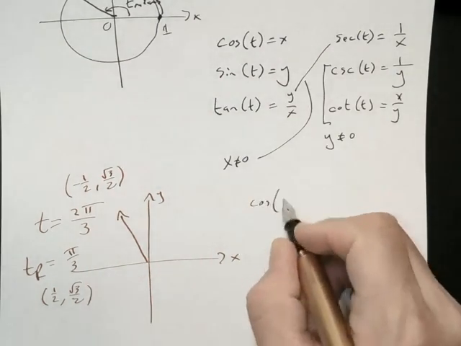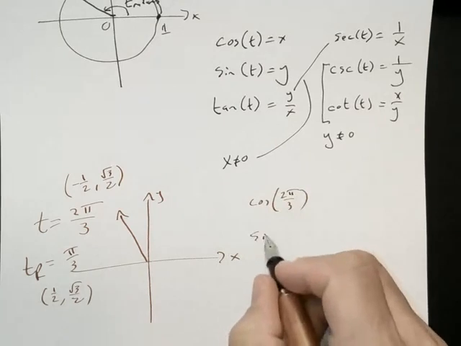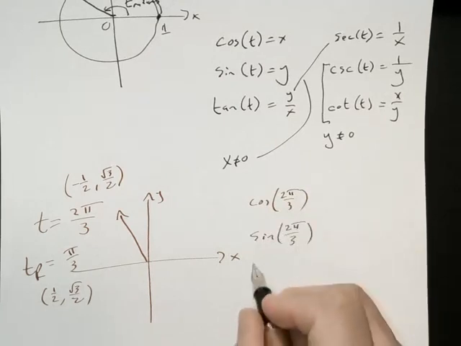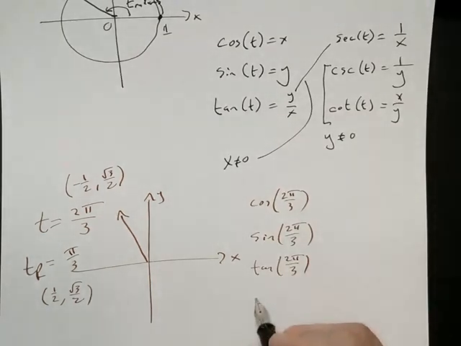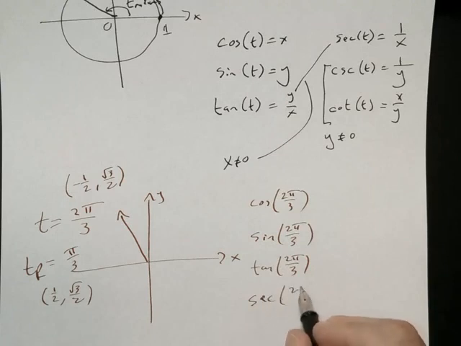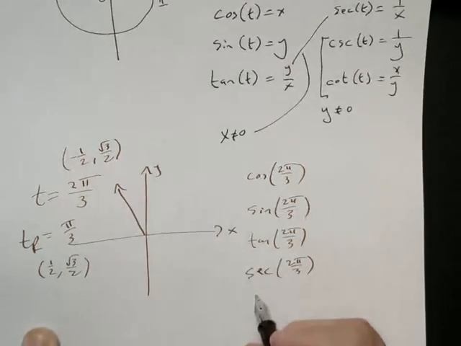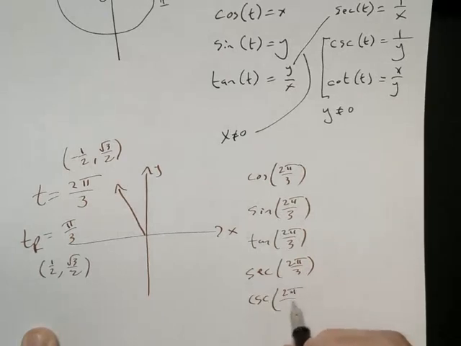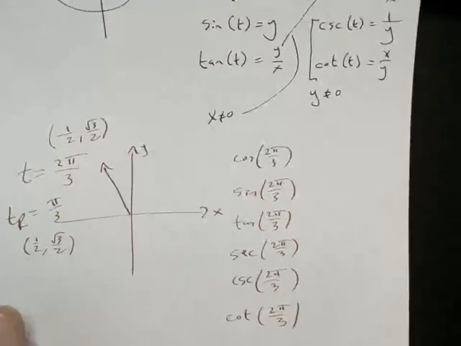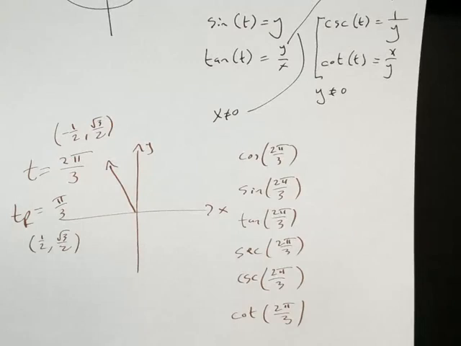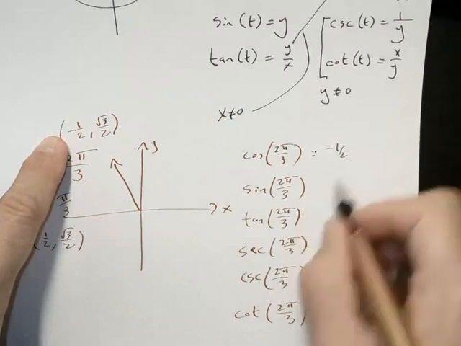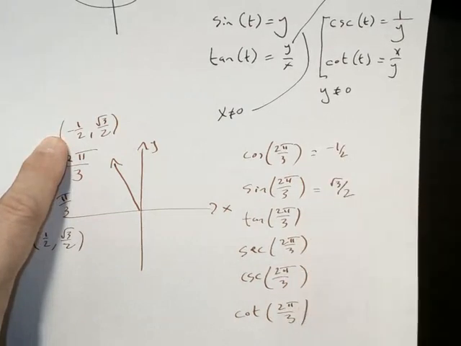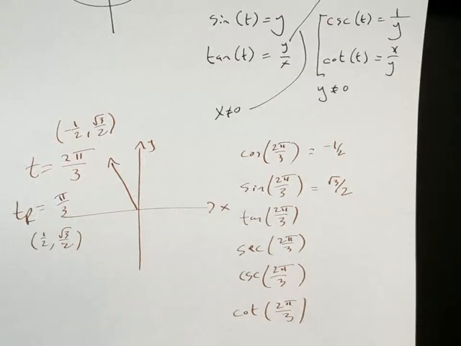I can actually generate this list from knowing just those two numbers. From knowing cosine and sine, I get the rest of it.